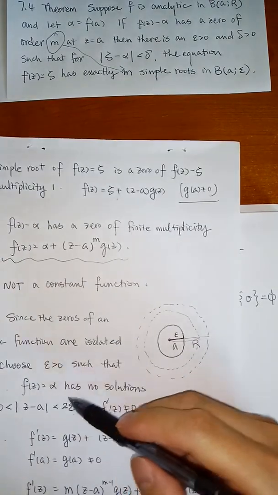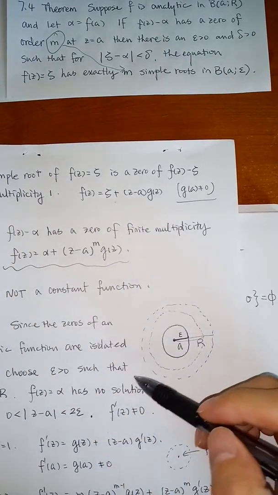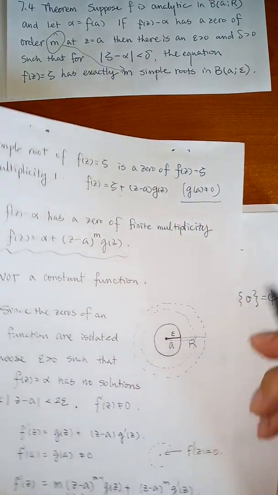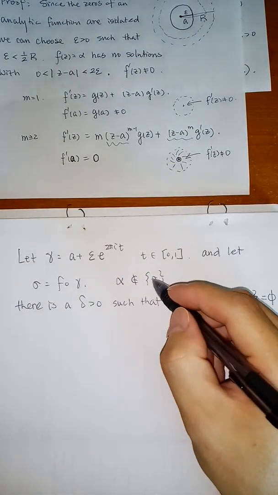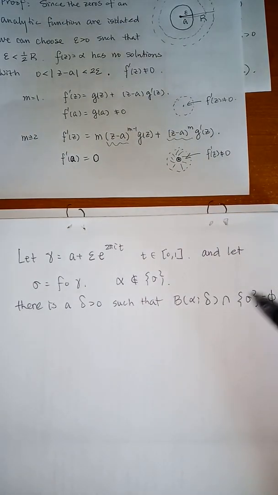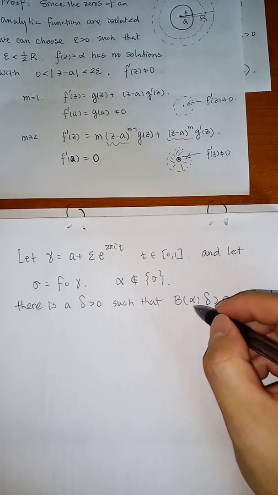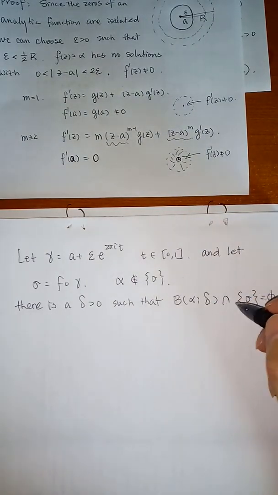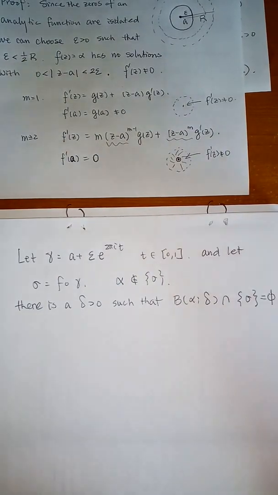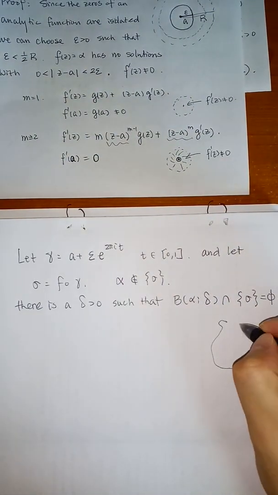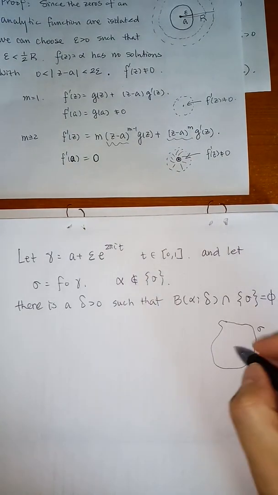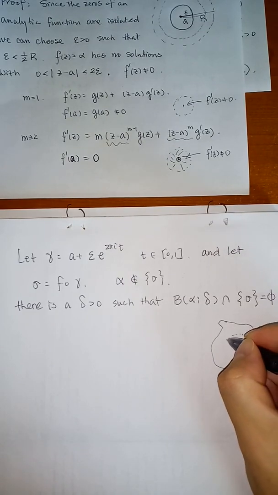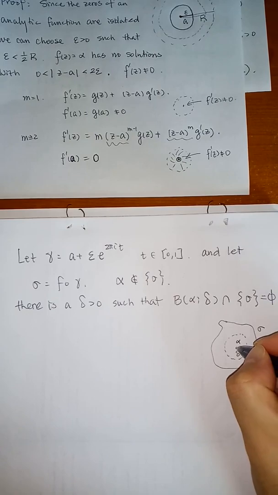But we assumed f of z equal to alpha has only the solution at a, so there's no solution around the circle. That's why alpha is not in the trace of sigma. Sigma is a compact set. Whenever you have a point off a compact set, the distance is strictly positive. So you find a delta so that, with sigma like this and alpha here, the distance is delta.